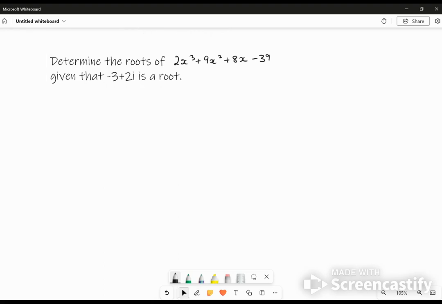We want to determine the roots of 2x cubed plus 9x squared plus 8x minus 39, given that this is a root.